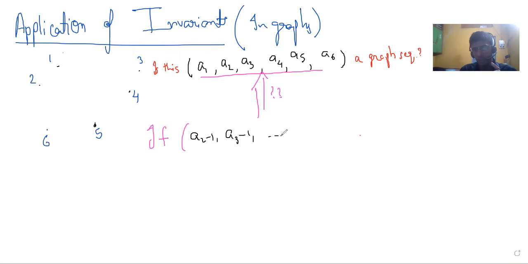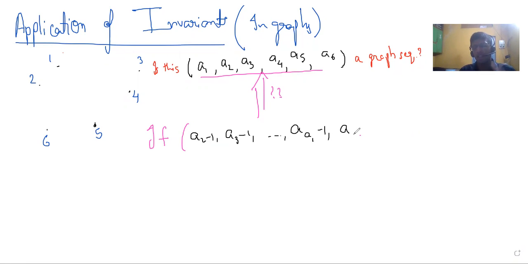What I'm doing is A2 minus 1, A3 minus 1, till when? Till A1 minus 1. From the next A1 terms, I'm removing 1 from each of them.